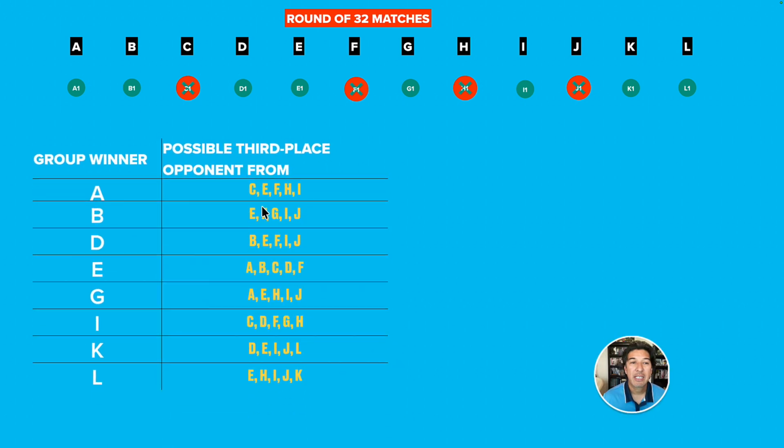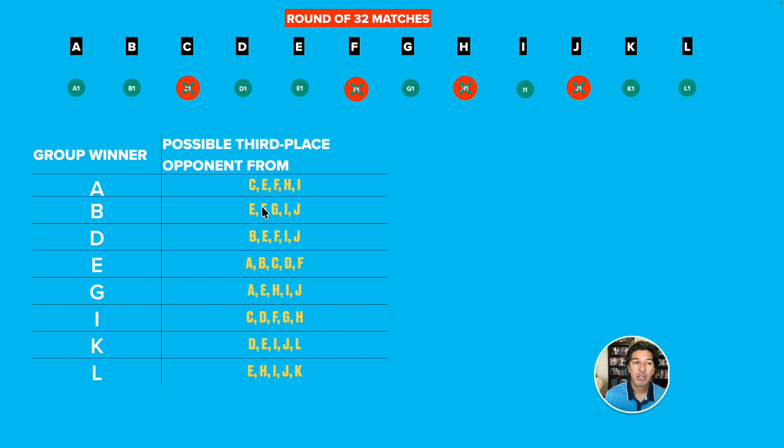And now it gets even weirder, because it's also been predetermined that the winners of Group A can only face a third place team from Group C, E, F, H, or I, and so on with the other groups.